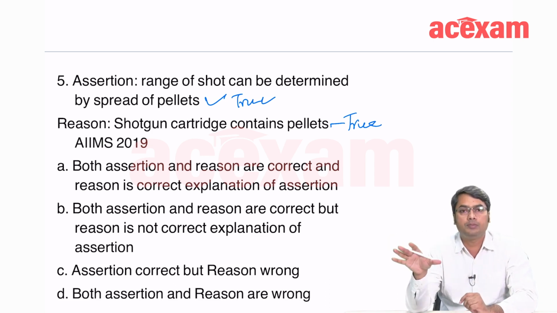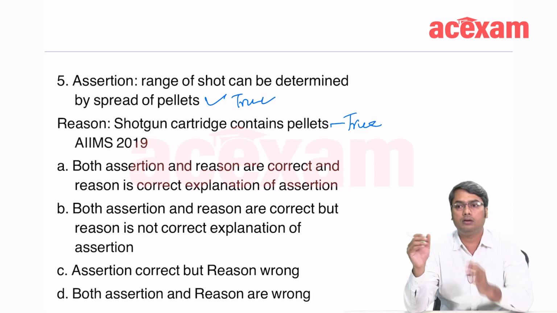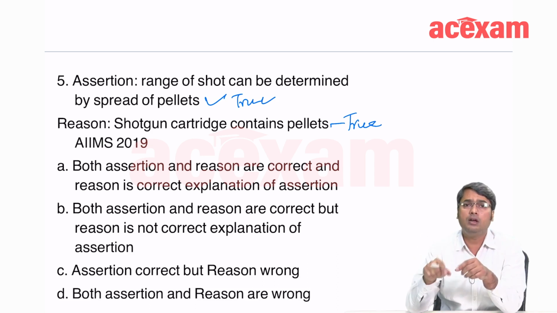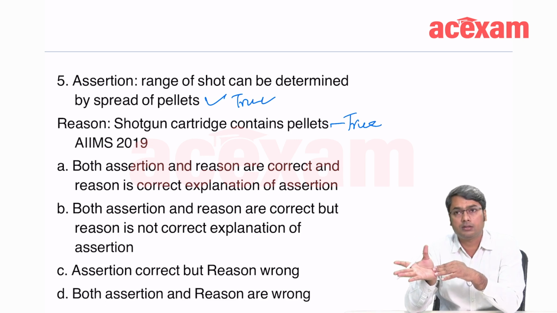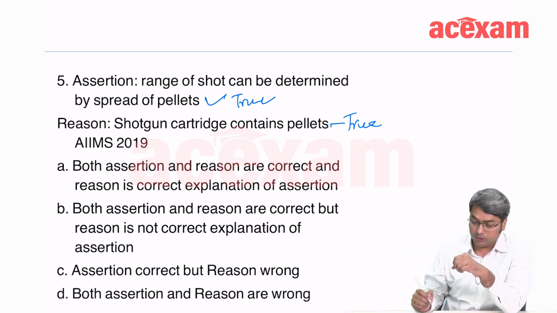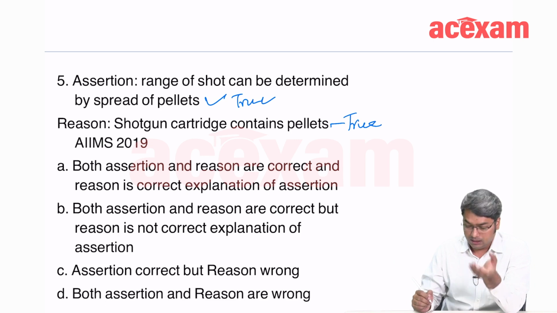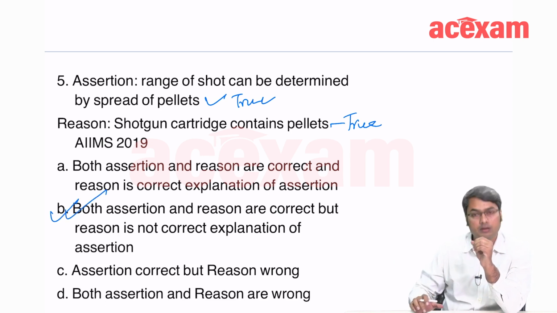Because of the spreading of pellets, we can assess the range, and this dispersion is the reason for determination of range of shot, not because there are pellets. So the answer is both assertion and reason are correct, but reason is not the correct explanation of the assertion.